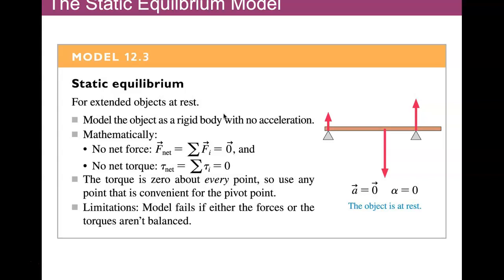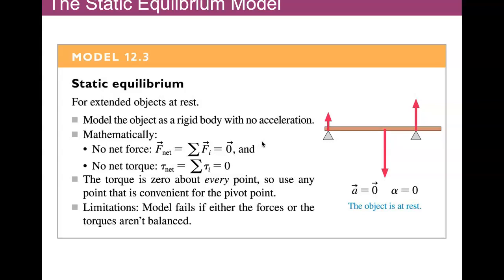It can basically rotate in plane, so the axis of rotation is going to be perpendicular to the plane. Then we get one equation that the net torque is zero and the net force is zero. This is a vector equation, right? So for a two-dimensional problem like this, it implies two equations, one for the x direction, one for the y direction.